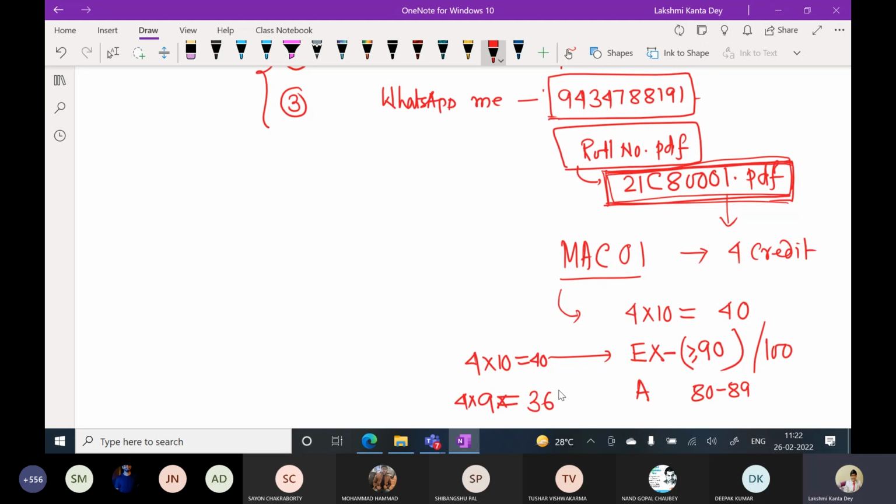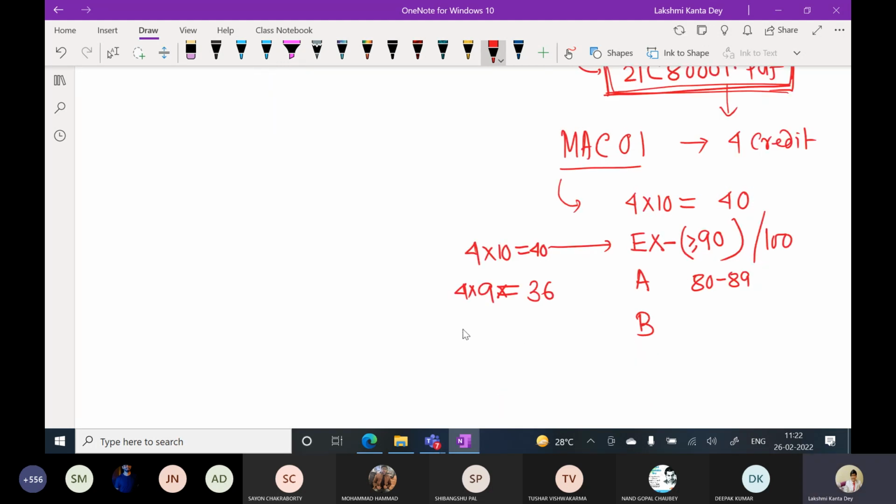In this way it goes on. If it is B, then it is 4 into 8, 32. It is not relative grading. These grading signs help us to change the branch. This grading is the same for all the subjects. This is a 4 credit subject.